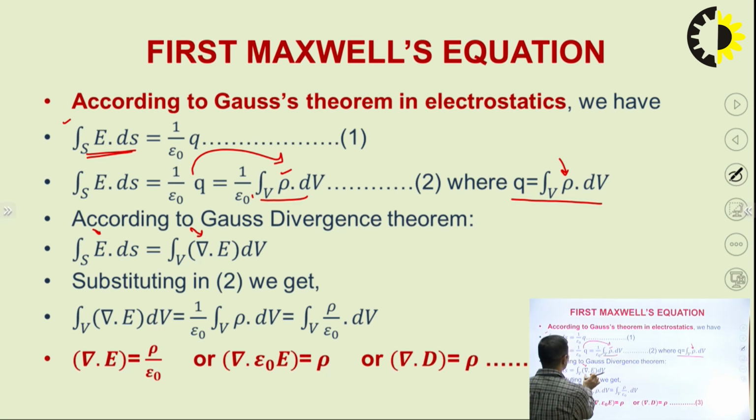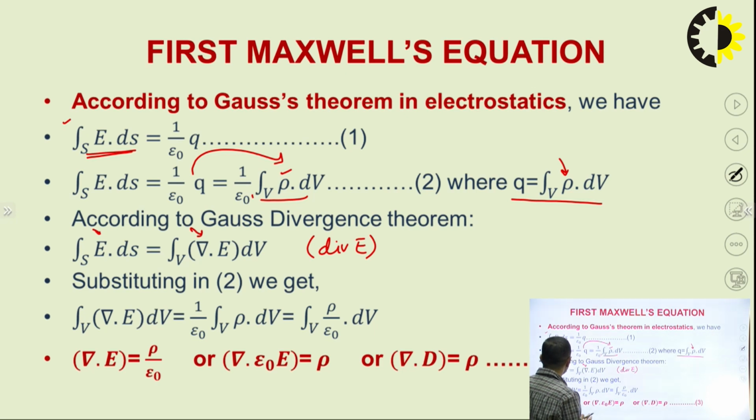This del dot E is the divergence, in short form div E, of this vector quantity. So by using Gauss divergence theorem, we can convert this surface integral into a volume integral. We have to take the divergence of this physical quantity, which in our case is the electric field.